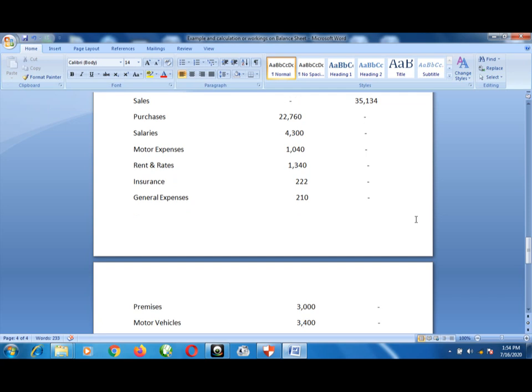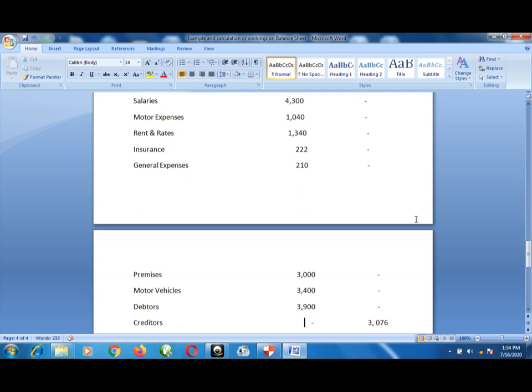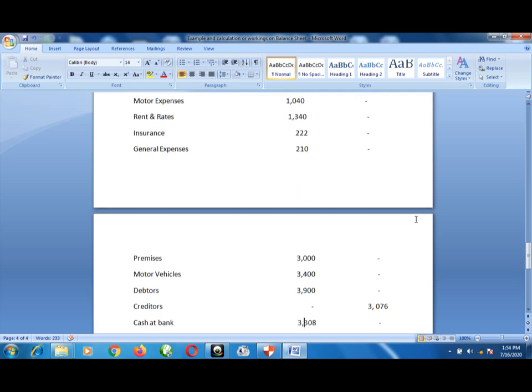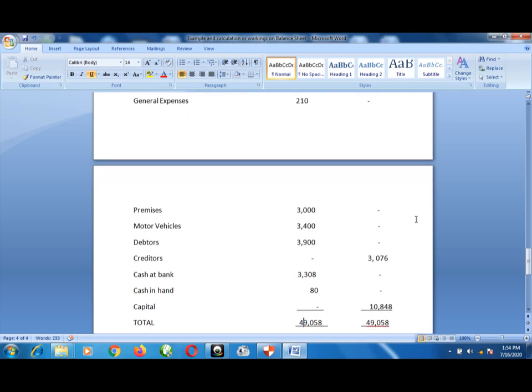Premises 3,000 naira. Motor vehicles 3,400 naira. Debtors 3,900 naira. Creditors 3,076 naira. Cash at bank 3,308 naira. Cash in hand 80 naira. Capital 10,848 naira. When you add everything together, you see both sides are equal. That means the trial balance given is balanced.